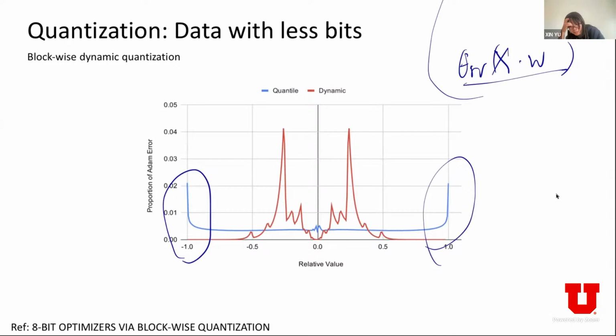Nothing in that part. And if you don't know the mean and the variance, how do you do the quantile? The quantile is based on mean and variance, right? The position of the quantile points is determined by the mean and variance. Oh, okay, I see your point.